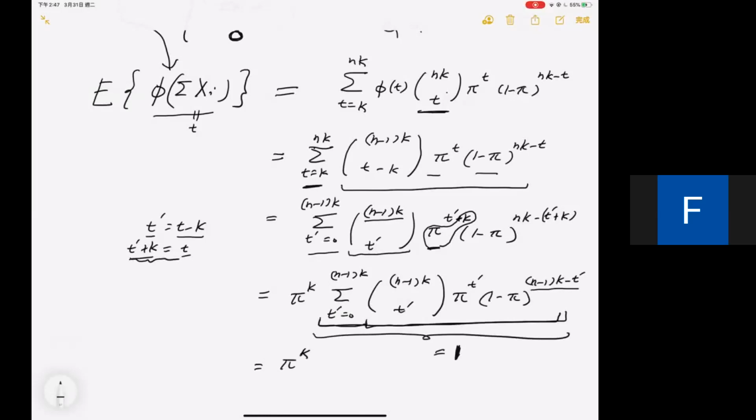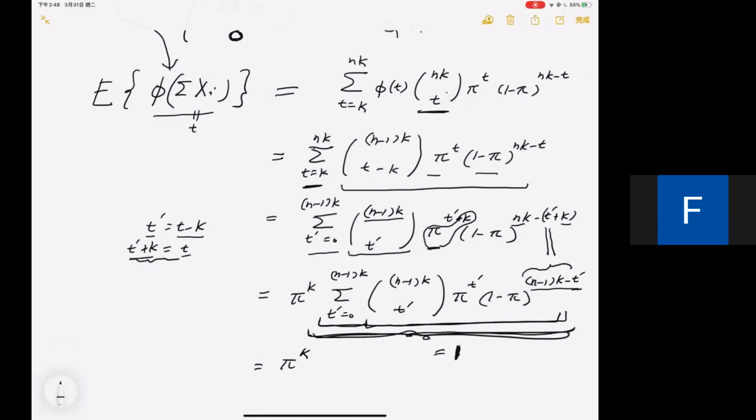And double check it, this guy right here is the same, right? nk minus k, yes. nk minus k, then minus t prime, yes. I think so. Okay, good. So again, this kind of technique you will see me doing many times up to this point.